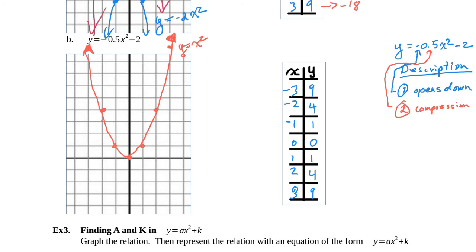And then finally, it's a compression, and you're going to say by 0.5. And then finally, your last description tells us whether it moves up or down. And this one moves down 2.